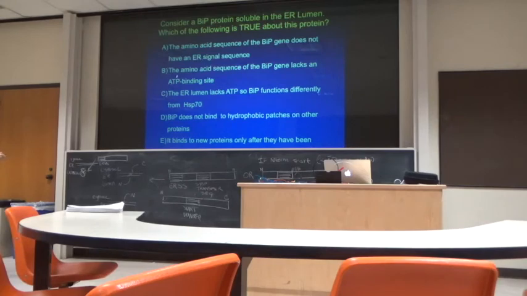Okay, so the amino acid sequence of the BIP gene lacks an ATP binding site. Some people chose that, but that's in fact false. So can someone who rejected that answer explain why they thought that BIP must have an ATP binding site? Back here.